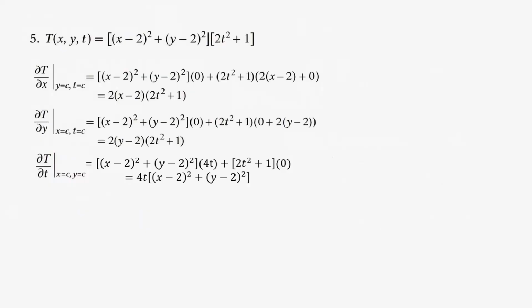So now there is a scalar field where the temperature is dependent on 3 independent variables, which are x, y, t. t represents time. And here is an equation for this, which is ((x − 2)^2 + (y − 2)^2) times (2t^2 + 1).